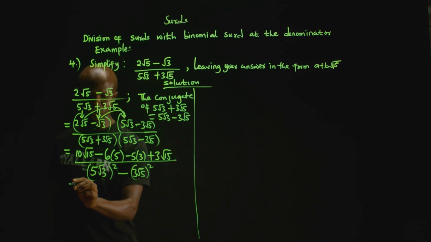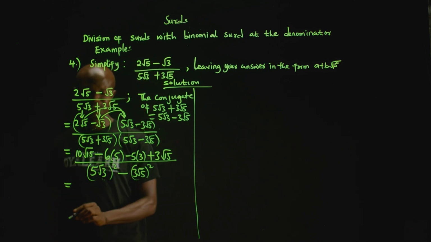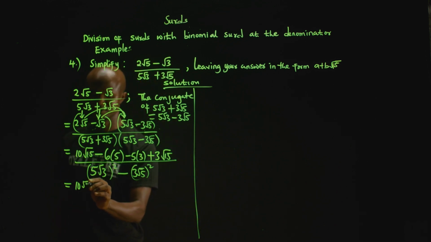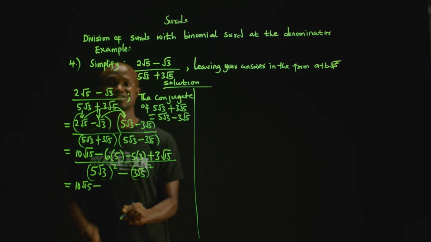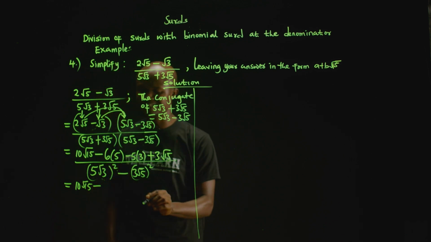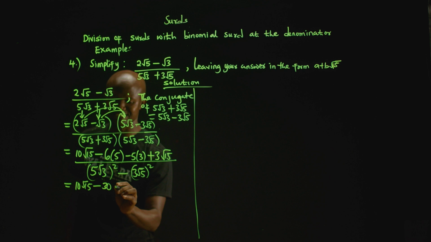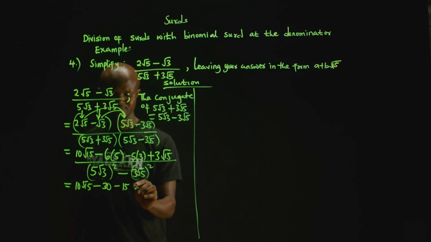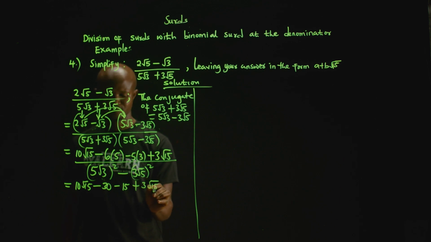Now, for the numerator, we now have 10 root 15 minus, 6 times 5, that is 30. So we have minus 30. Then 5 times 3, we have minus 15 there, plus 3 root 15.